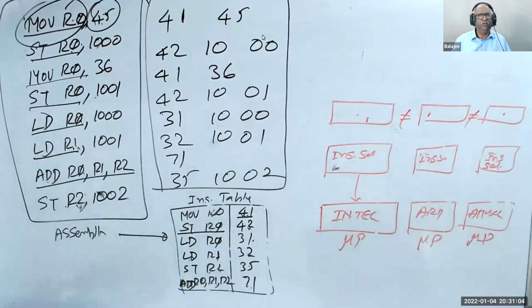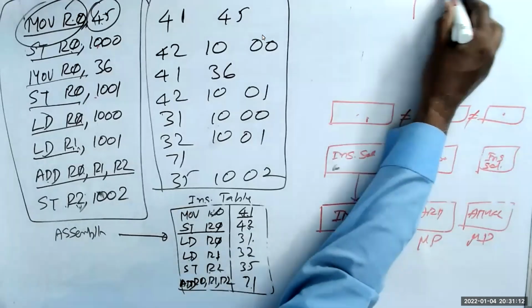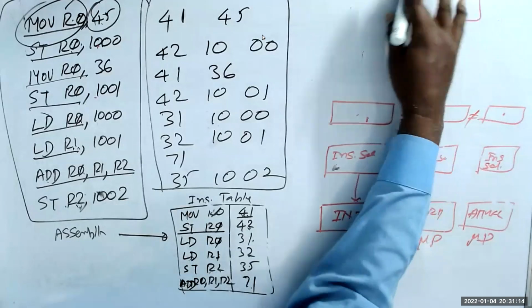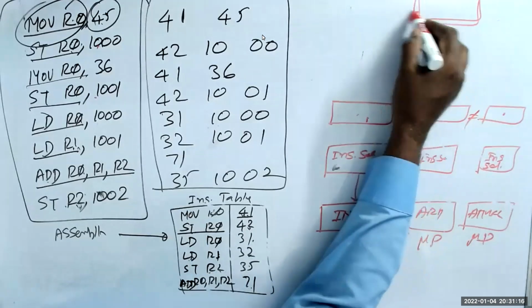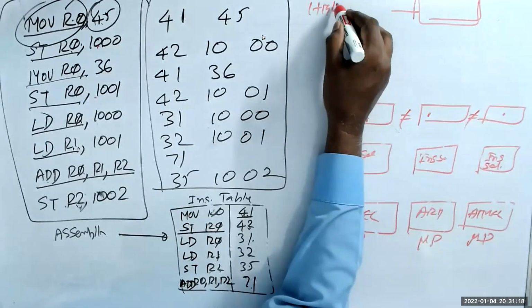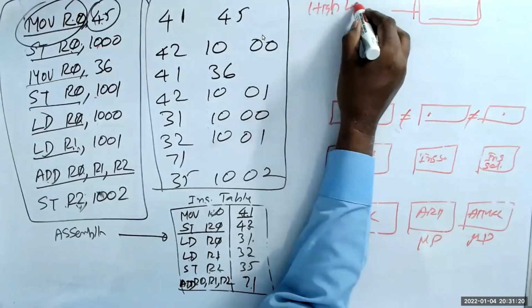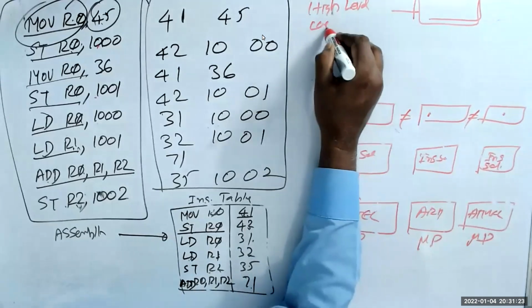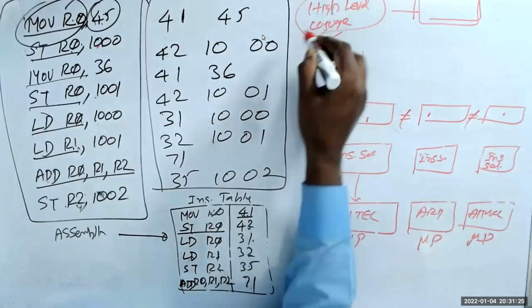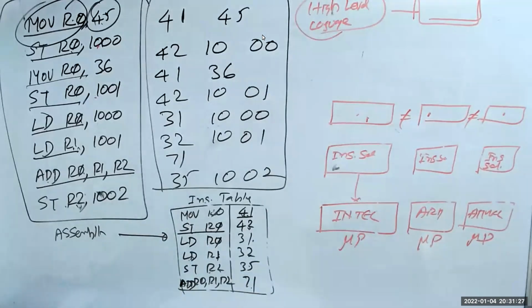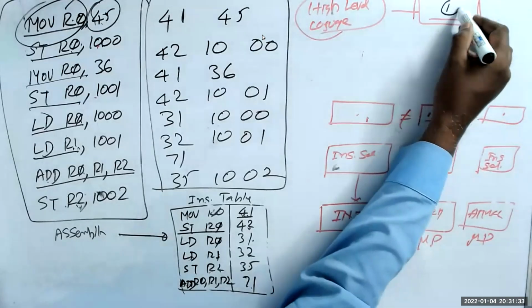But what people have done is a very beautiful thing. They have asked you to write a single high-level language. Understand? But this is only one, not 3.